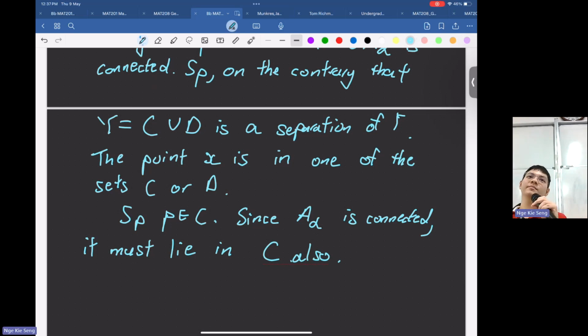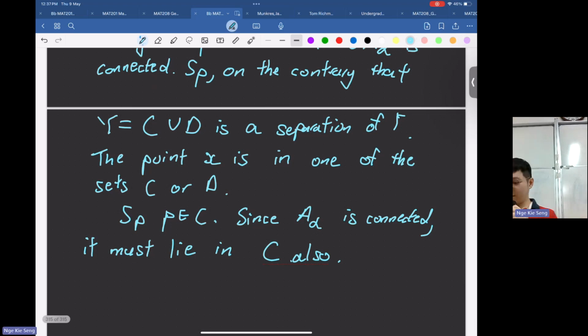It cannot lie in D, because if it lies in D, you will bring your P to D again. If A alpha lies in D and P is in A alpha, then P has to move to D. But I assume P is in C. So I need to pull A alpha to C also.